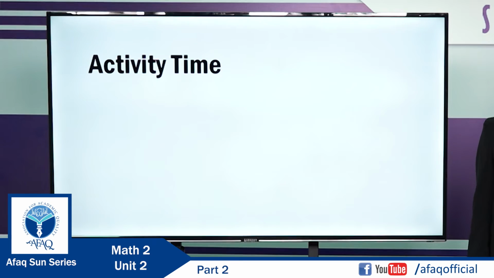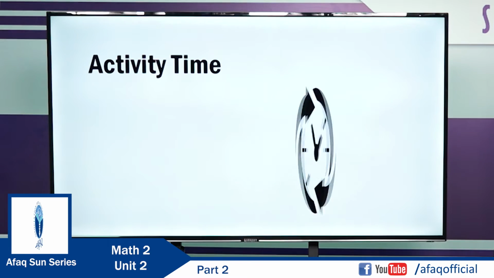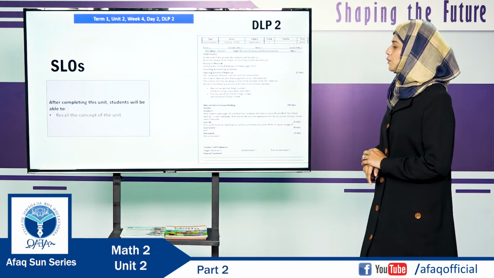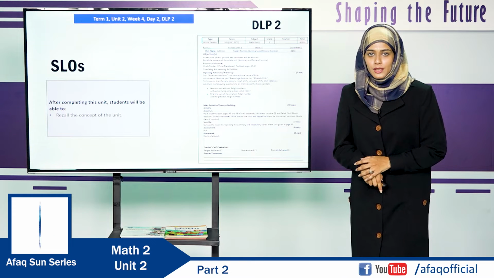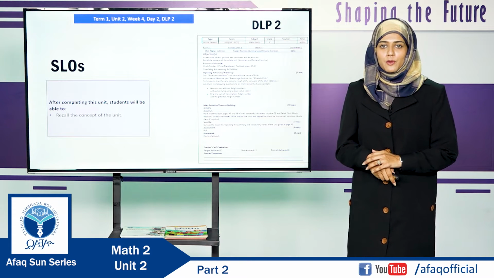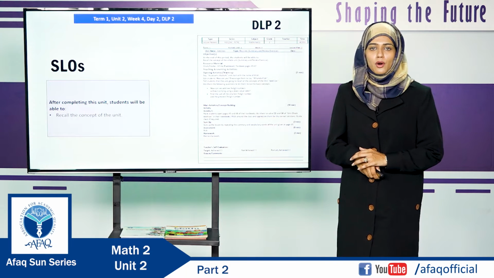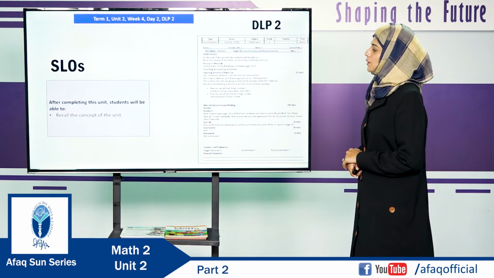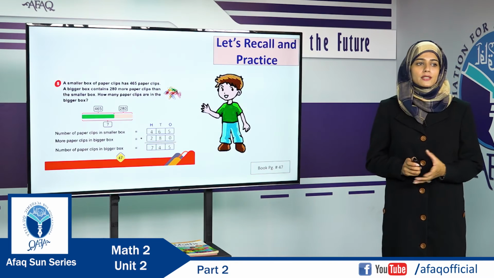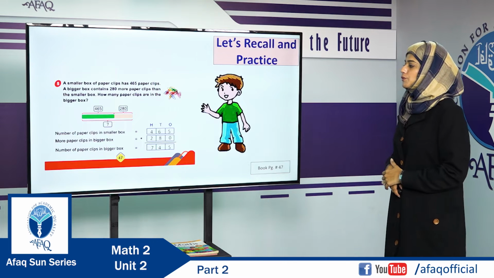It's an activity time. Let's see what the activity is about. In this SLO, we are going to recall the concept of the unit. To cover this, the methodology has been provided in DLP 2, which falls in Term 1, Unit 2, Week 4 of Day 2. Let's see the questions. On page number 47, here is a statement question for you.